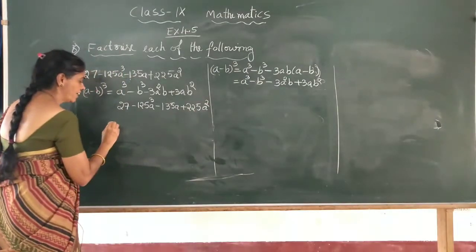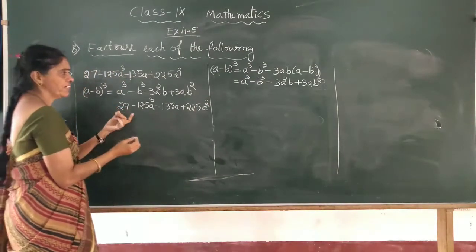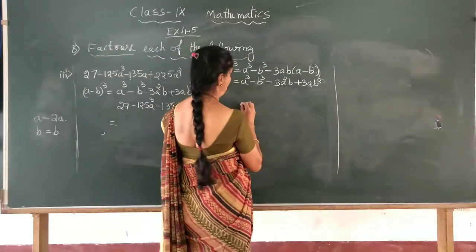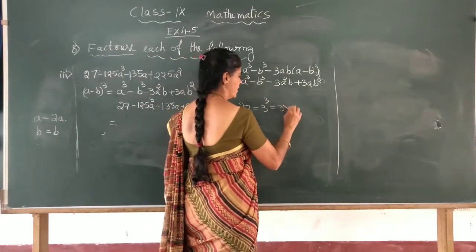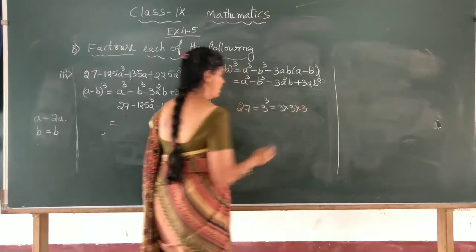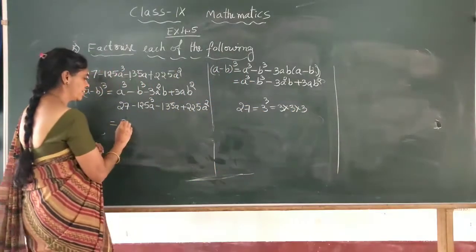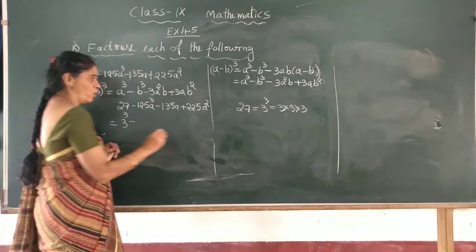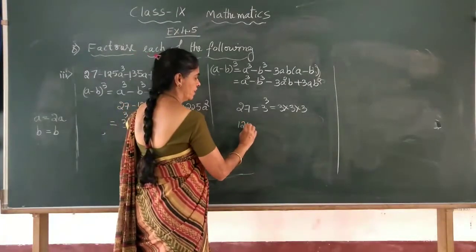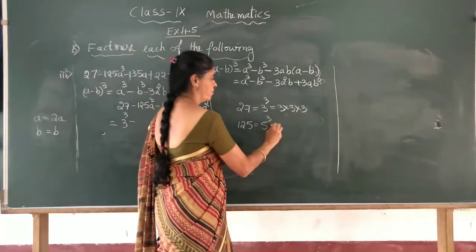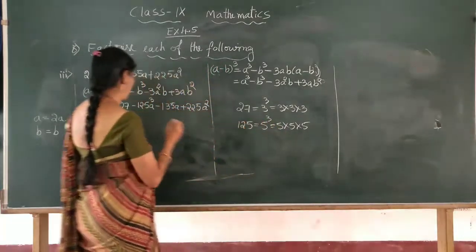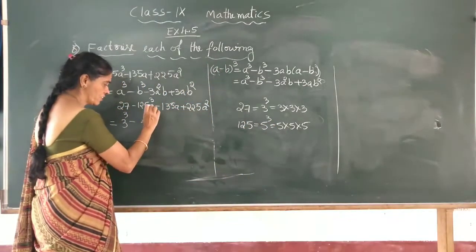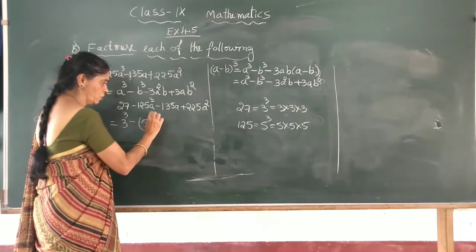Now try to write it in the cube form. 27 is 3 cube. 3 3s are 9, 9 3s are 27. So it is 3 cube minus 125 is 5 cube. 5 5s are 25, 25 5s are 125. So 5a is also there, (5a) cube.